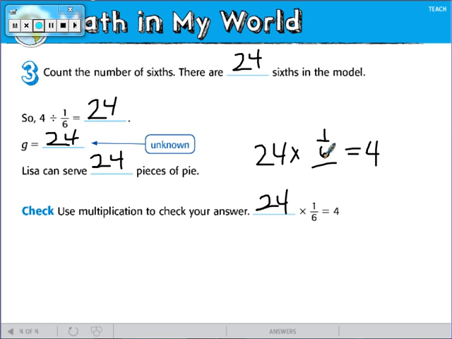The thing about how you check it, that will always be the same, is it'll always be a multiplication problem going the opposite direction as your division problem. So, instead of 4 divided by 1/6 equals 24, we're going to be going this way, and it'll be 24 times 1/6 equals 4. That'll be the consistent. Does that answer your question about what the blank will be?